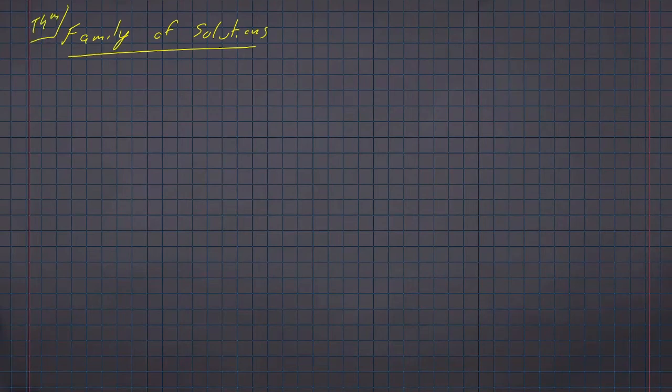Speaking more generally, we call this the family of solutions. All right, and this is a theorem, it should be proven, but I'm going to use that example as a stand-in for the proof.